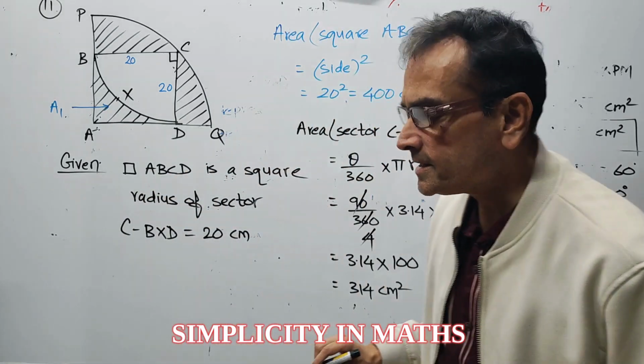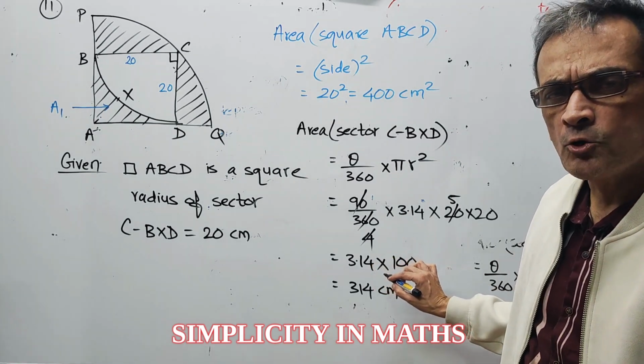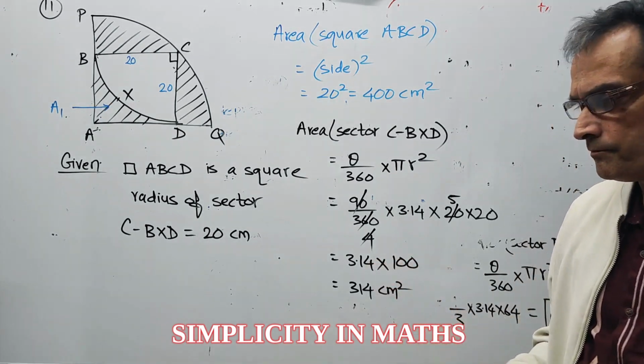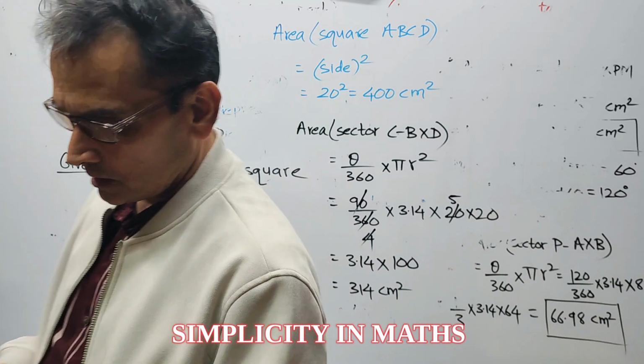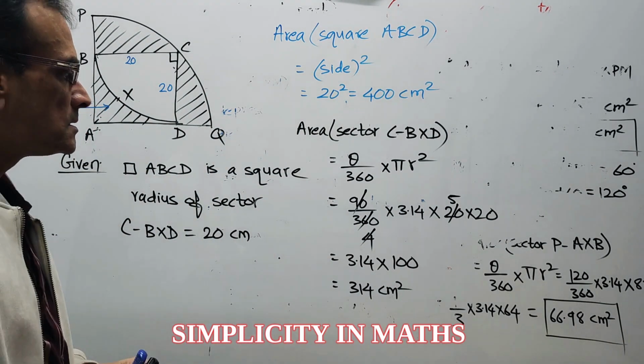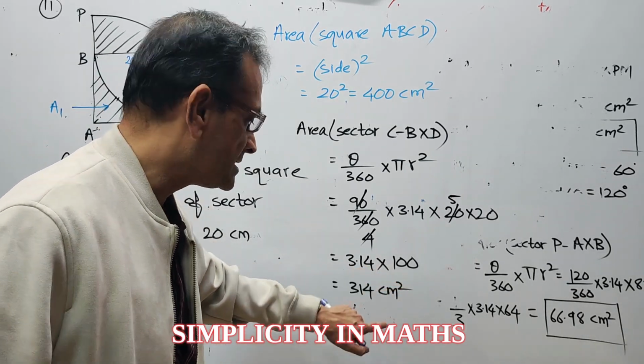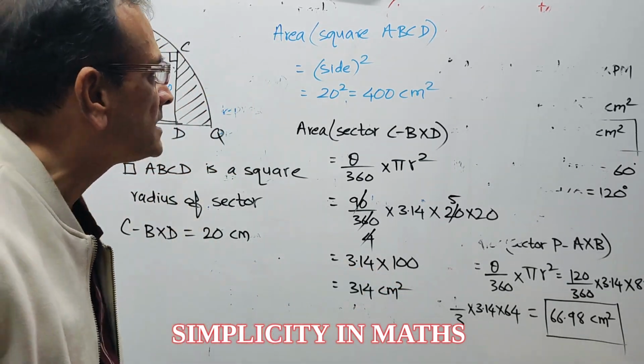When you multiply any decimal by 100, the point will shift to the right by 2 places. Okay? So the point will shift to the right by 2 places. So we get 314 centimeters square.